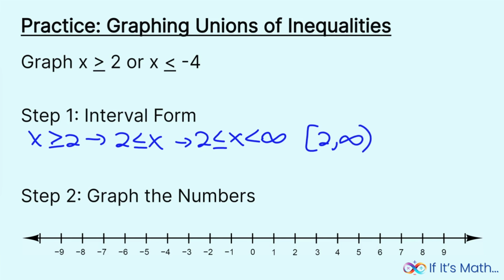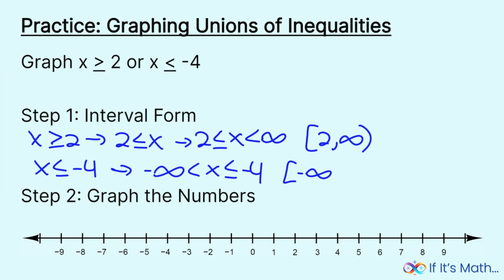Then for x is less than or equal to negative 4, that's going to give you negative infinity is less than x is less than or equal to negative 4, which is going to give you from negative infinity, parentheses, always the parentheses, all the way to negative 4 with a bracket.